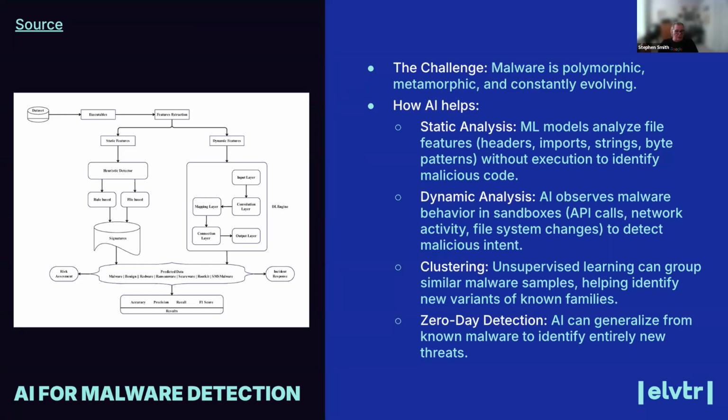If it falls within reasonable distance, remember distance-based algorithms of this cluster, we would associate it with that and call it malware or not malware. And then we got zero-day detection, which is kind of the holy grail. We're going to detect malware we've never seen before.